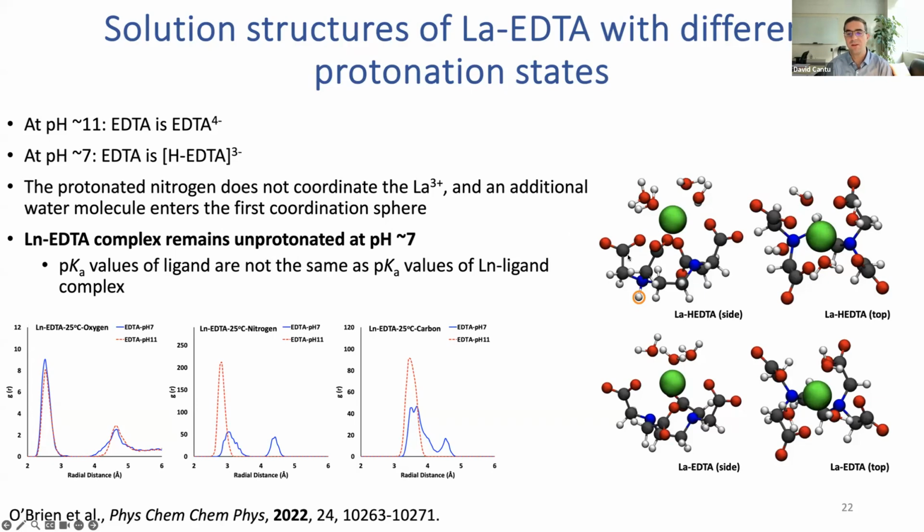But what we mean is that we are simulating the complex in a ligand protonation state that corresponds to pH 7, but it's not the same for the complex, because the pK values of the ligand are not the same as the pK values of the complex. And so if we add a proton here, if this site becomes protonated, this lanthanide nitrogen coordination bond is broken, and more water molecules come in. So here we have 4 coordinated water molecules, and there we have only 3 coordinated water molecules.